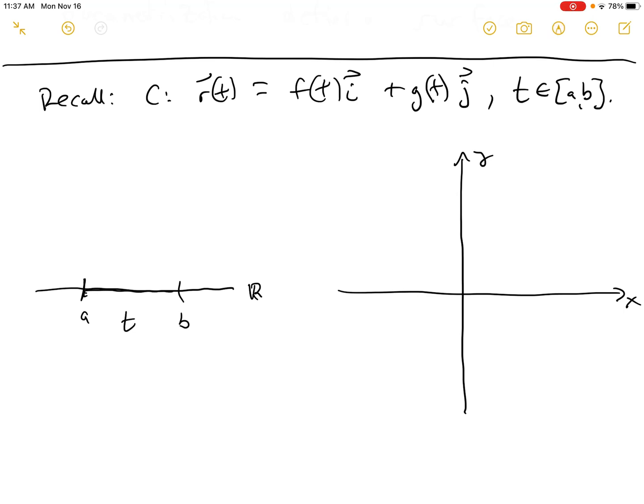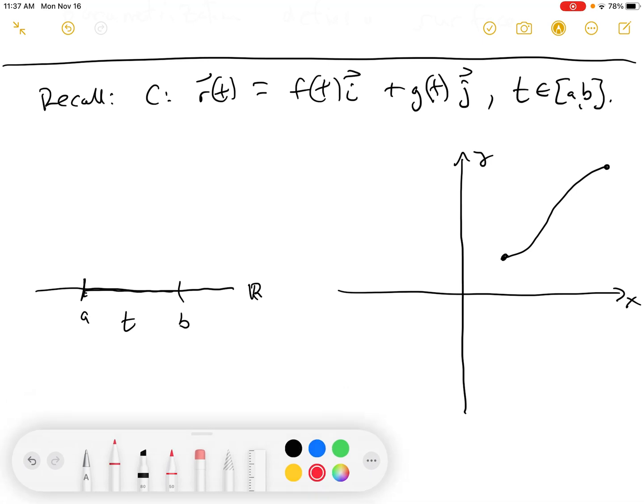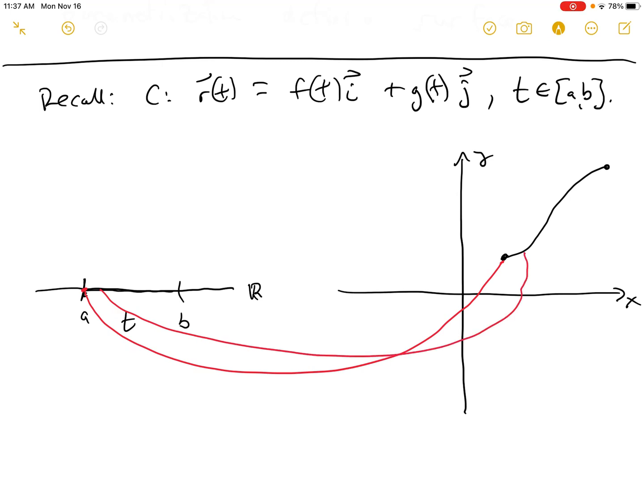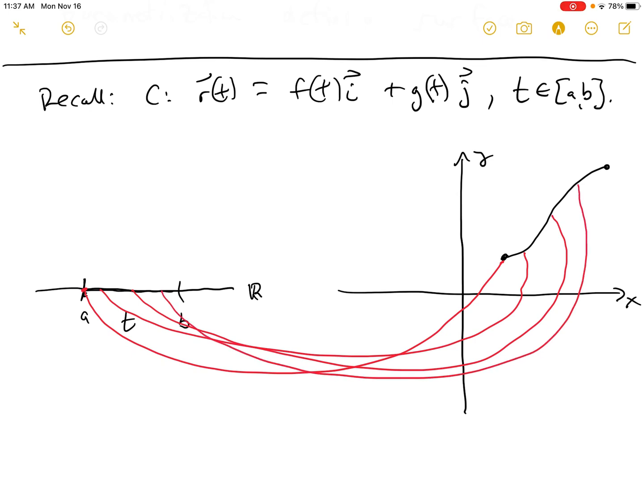And so let's say the curve C looks like this, right? Well, what's really happened here is when you input a from here, it gives you r(a), and each point along here, I'm doing discrete here, gives you points along the curve, and the last one does this.